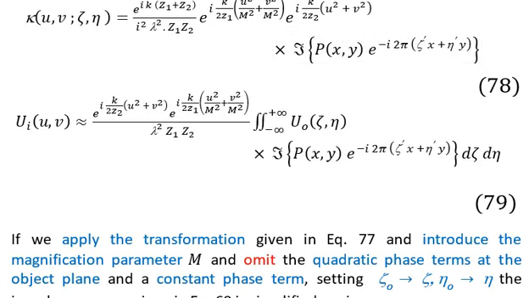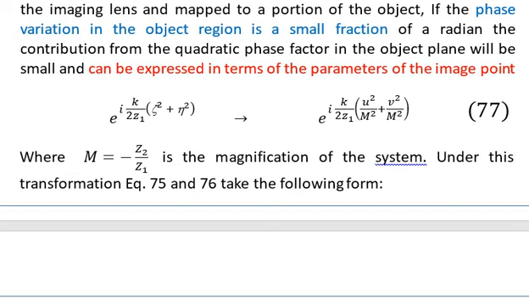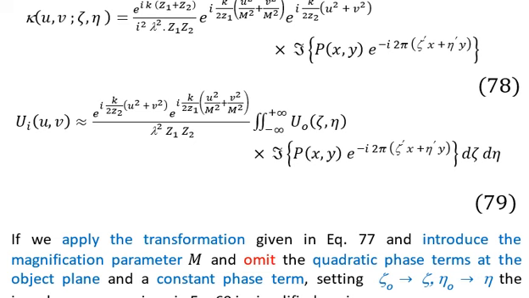Okay, now you see that we can similarly write down the field calculation using the condition given in equation number 77, and equation number 76 will take the following form, as given in equation number 79. Again you will see that the quadratic phase factor associated with the object plane, which otherwise was present in the curly bracket on which the Fourier operator was operating, is no more in that curly bracket, but is outside the integral sign, and is e to the power iota k over 2 z1, and within the parenthesis we have u square over m square plus v square over m square.